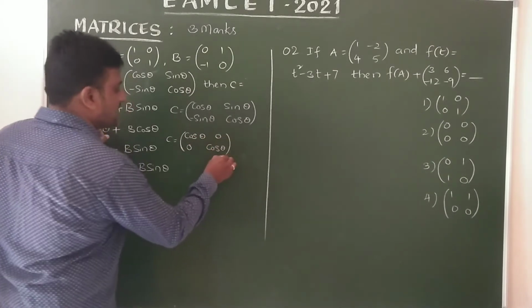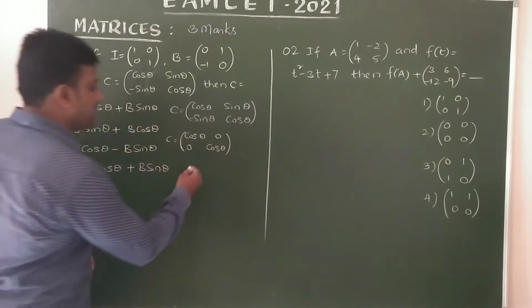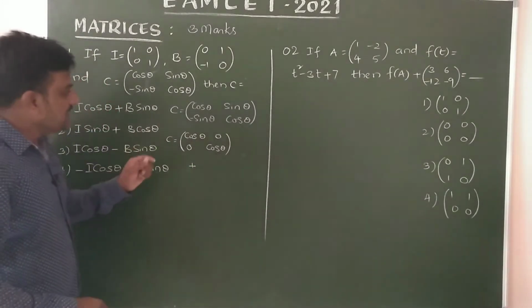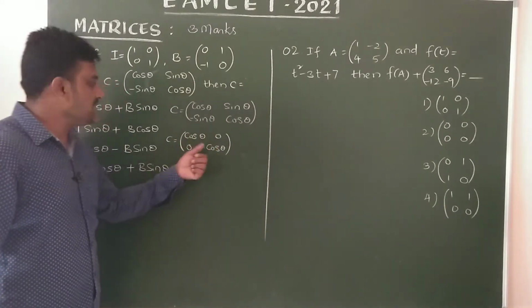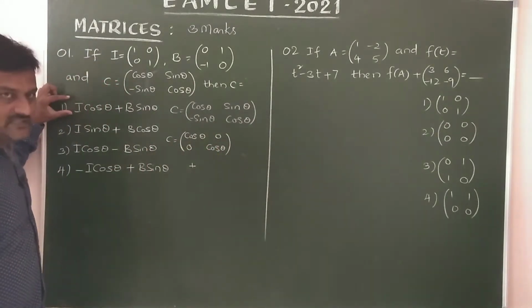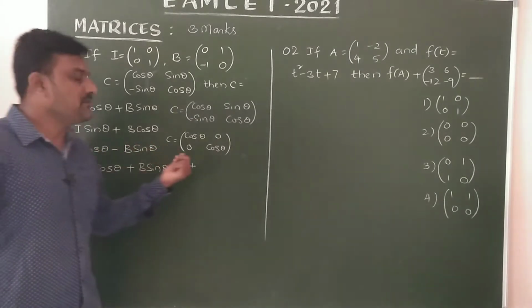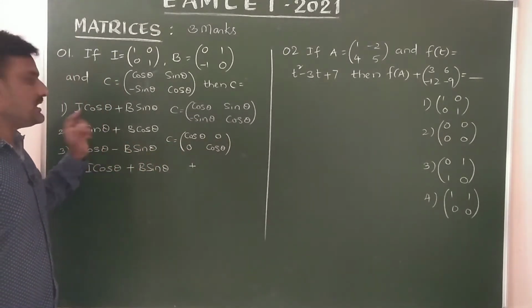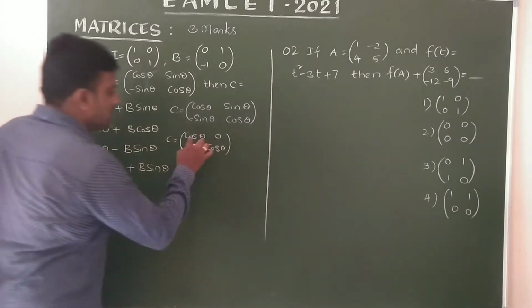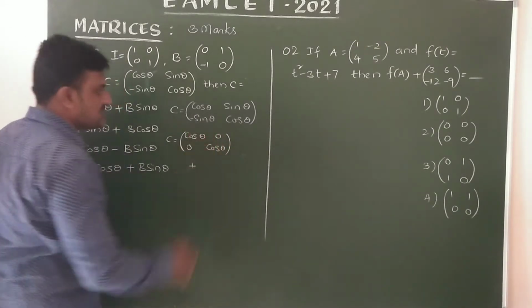Write once, after that we will check. And plus, cos theta is common, there [1, 0; 0, 1] is remaining. So definitely that is I cos theta. Okay, let cos theta 0 0 cos theta be here.